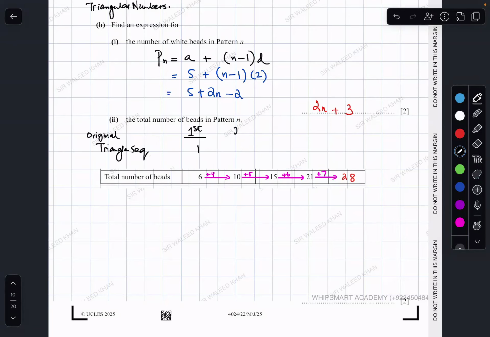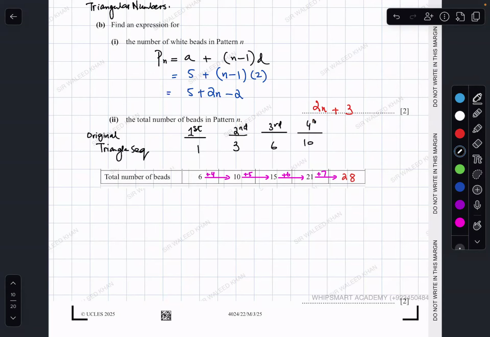The second term is 3. See, each time we are adding 1 more. So 1 plus 2, that is 3. 3 plus 3, that will be 6. Third term is 6. Fourth term plus 4. So 10, like this. Fifth term, 15.